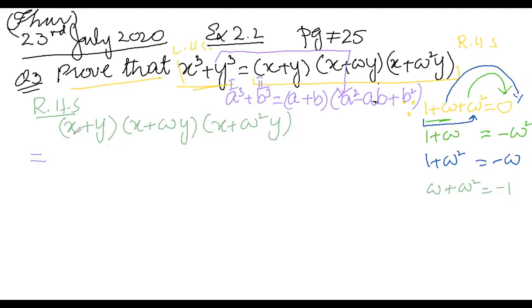We will write x plus y as it is. But here we will multiply the first term with this whole value, and then similarly the second term with this whole value. Later we will multiply this one. So let me multiply x into x. By multiplying x into x, we will get x square. So let me use another parenthesis.